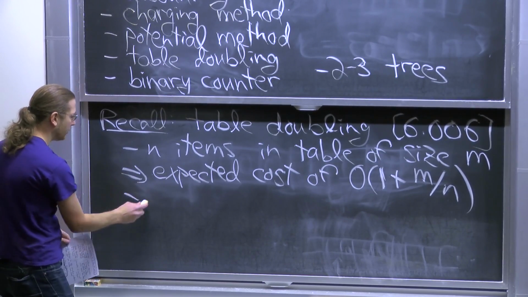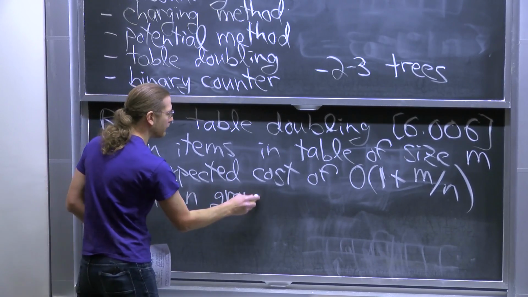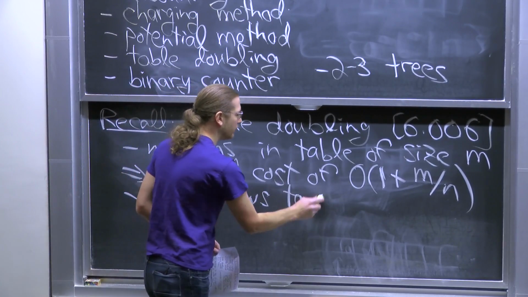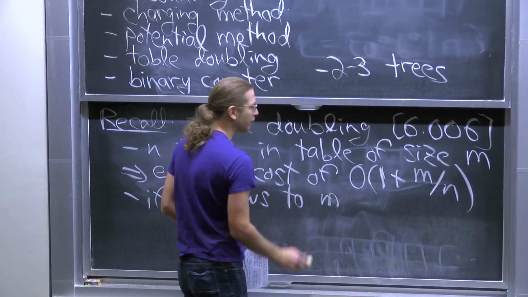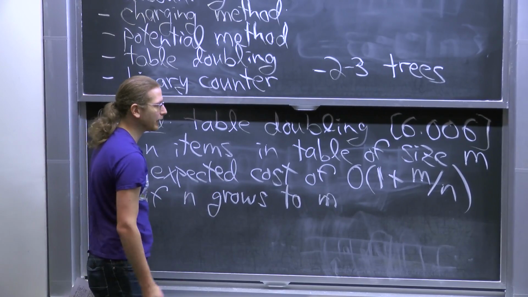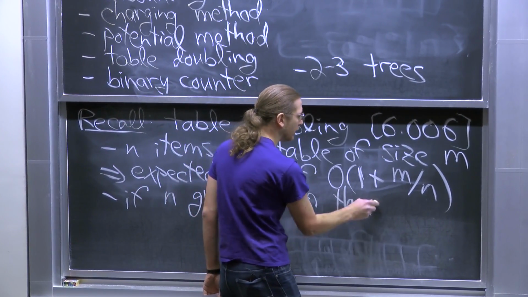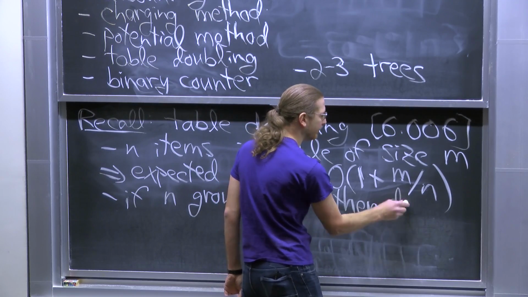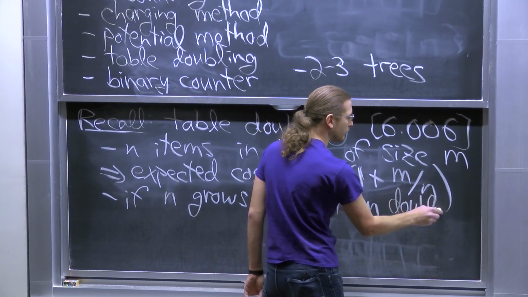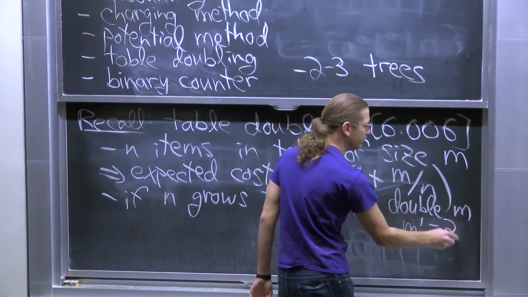So n is the thing that we can't control, that's the number of items somebody's inserting into the table. If n grows to the value to match m, then double m. So m' equals 2m.